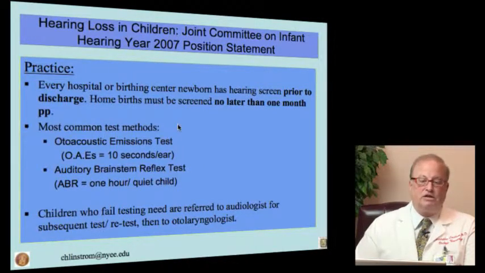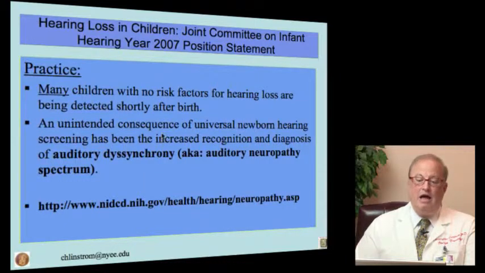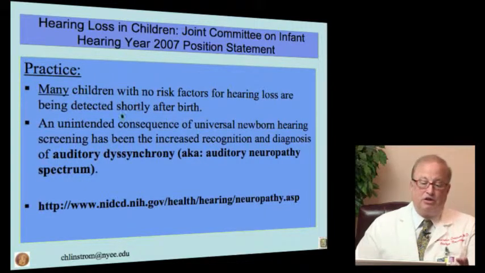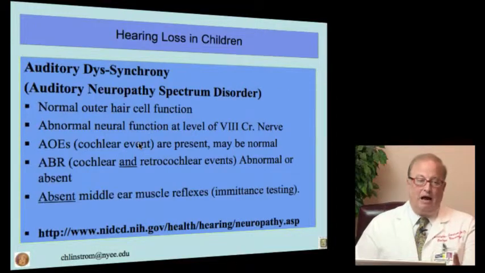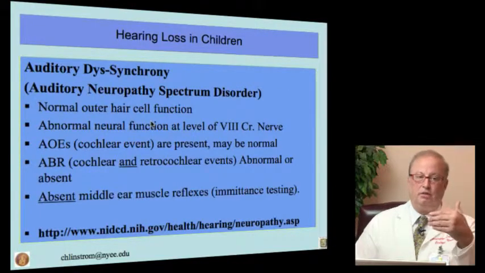So again, before discharge from a hospital or birthing center, for otoacoustic emissions, those who fail, we want to move on to the ABR as described above. Many children with no risk factors are detected to have hearing loss, especially children with auditory dyssynchrony, that is, auditory neuropathy. This is a problem of the junction between the cochlea and the eighth cranial nerve.